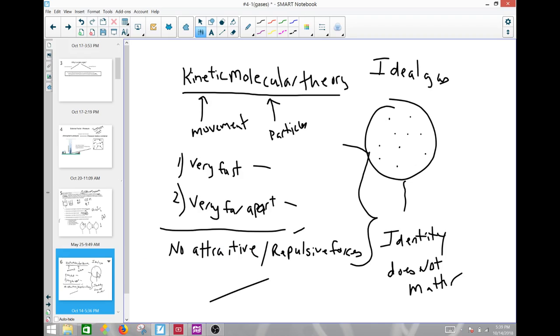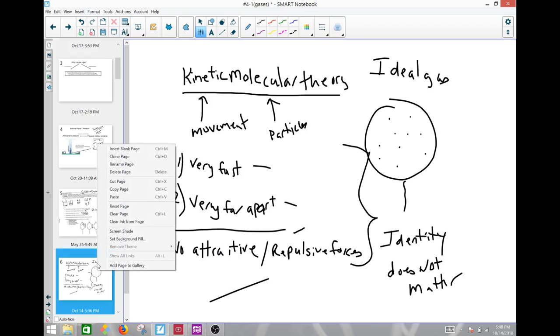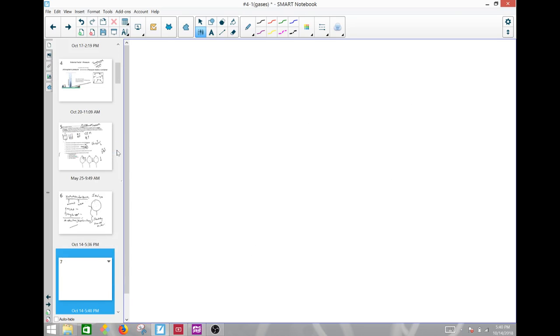Okay. Now, a couple things about these ideal gases. First of all, any particle can be an ideal gas particle. So we have an ideal gas, and we have what's called a non-ideal gas. It's not like gas A is ideal and gas B is not ideal.